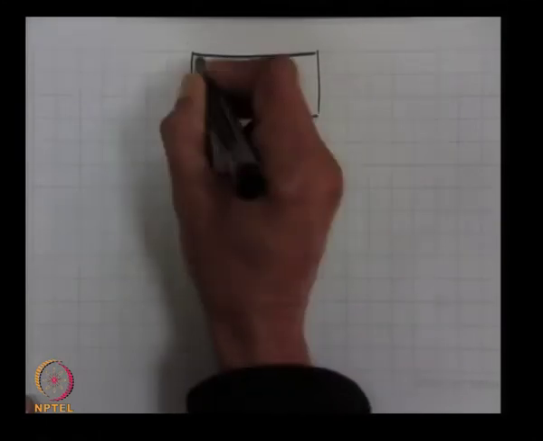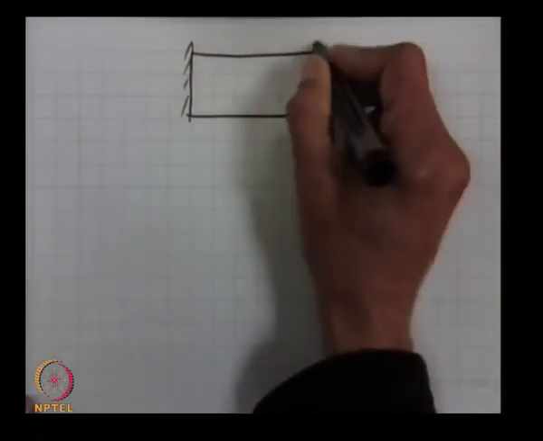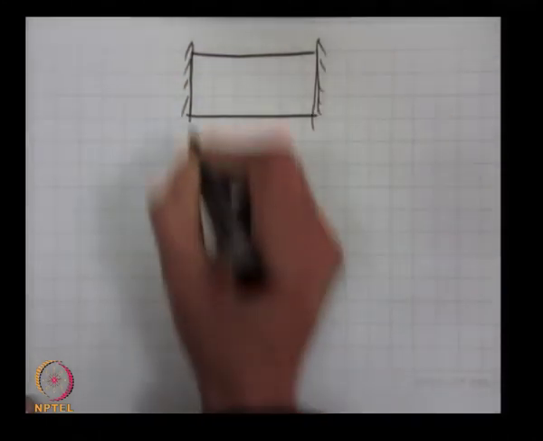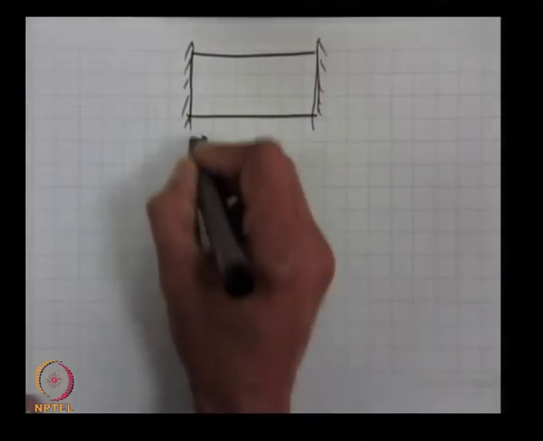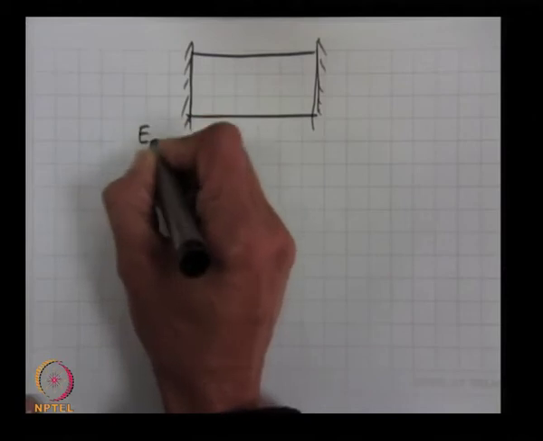Okay. Now I need to calculate the threshold condition. What is the power required, or what is the intensity of the pump required for the oscillator to start? So this is my crystal again. That's a mirror. There is another mirror here. Let me start with an amplitude ES0.